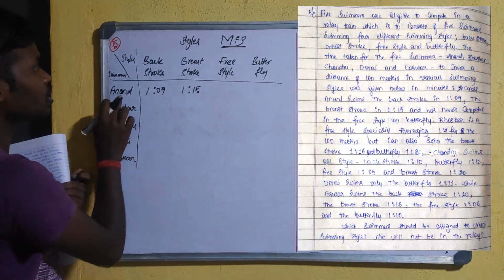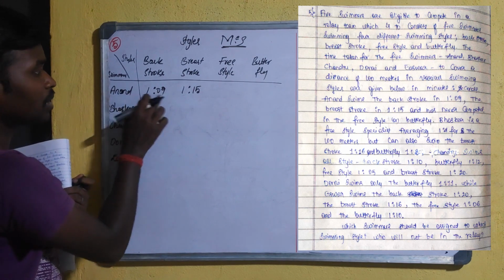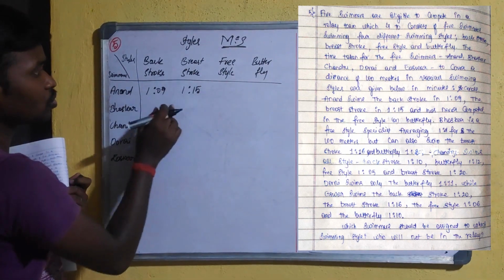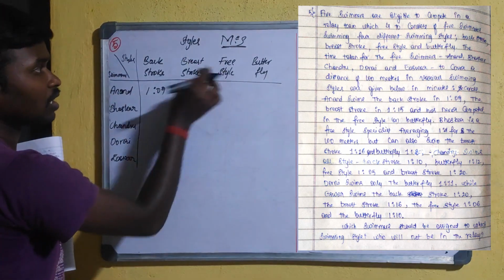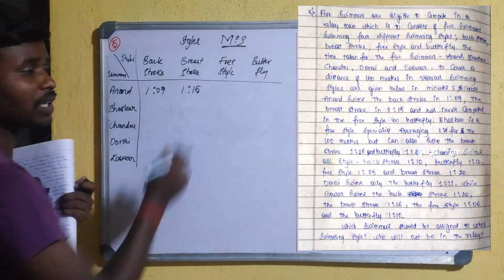So take down Anand swims backstroke in 1 minute 9 seconds and breaststroke in 1 minute 15 seconds, and Anand never participated in freestyle and butterfly.